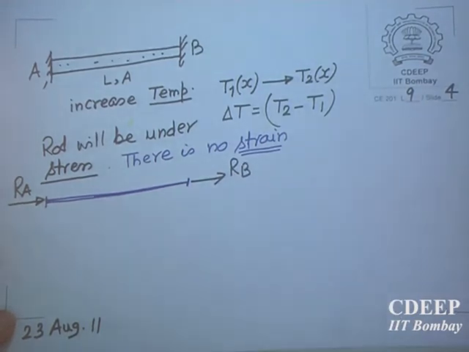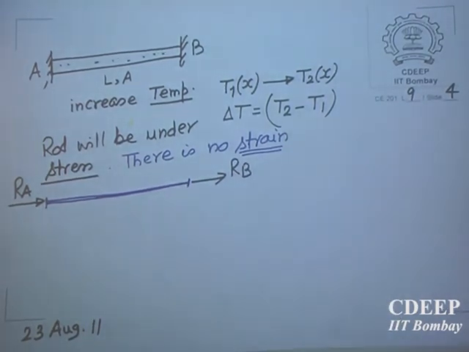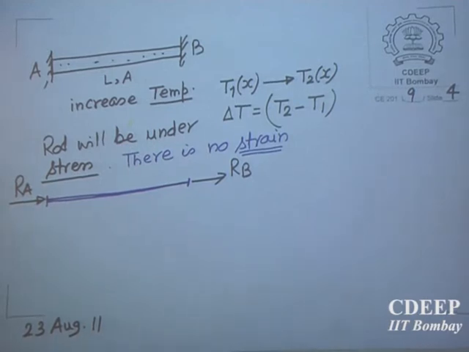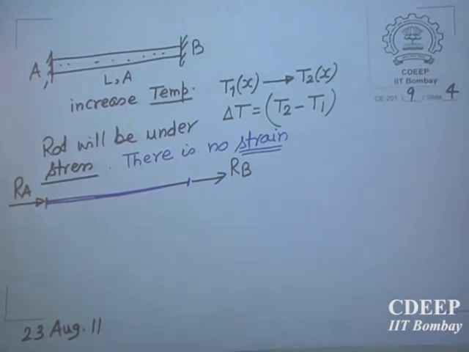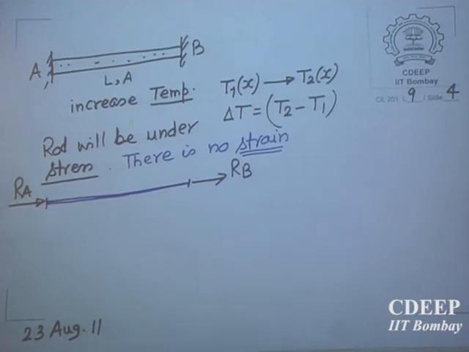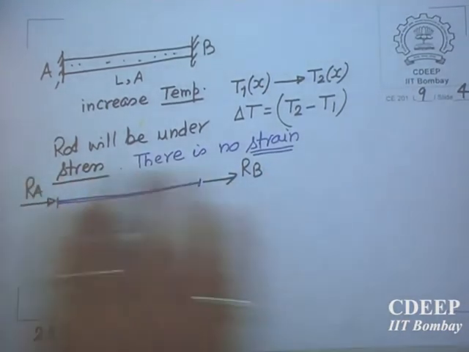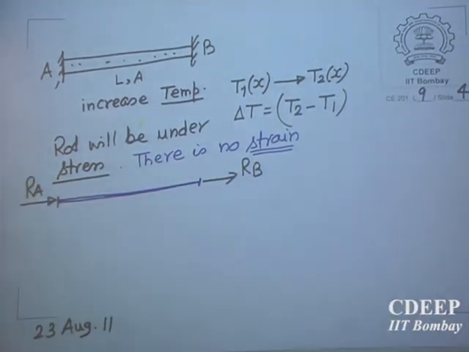Will the rod be under tension or compression? The rod will be under compression because it will try to expand, but it is not allowed to expand. But I am not showing a compressive force here. I am just showing everything positive in the positive direction.